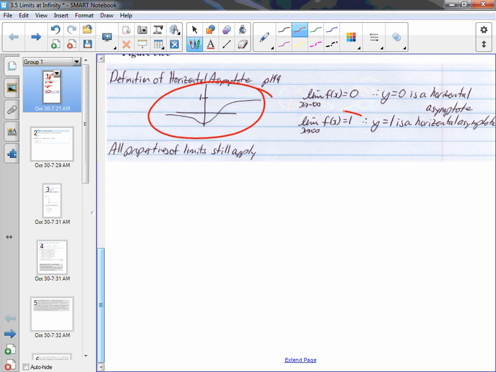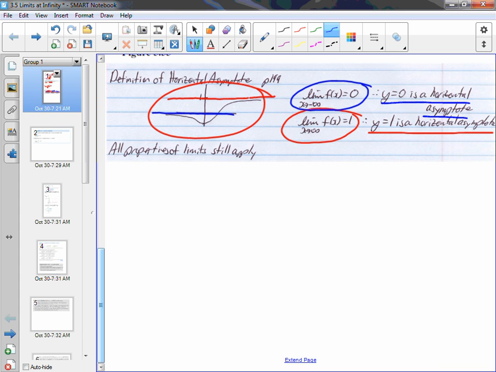As x approaches infinity, f of x is approaching this horizontal line, y equals 1. So y equals 1 is a horizontal asymptote as x approaches infinity. But as x approaches negative infinity, look where the graph is going. It's going to this horizontal line. So y equals 0 is the horizontal asymptote on that end.